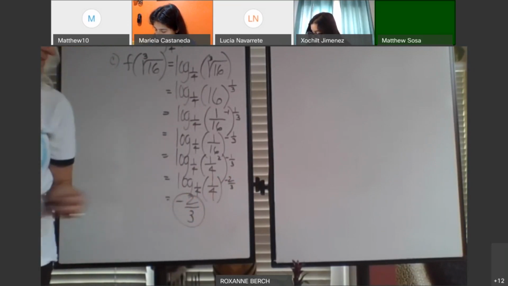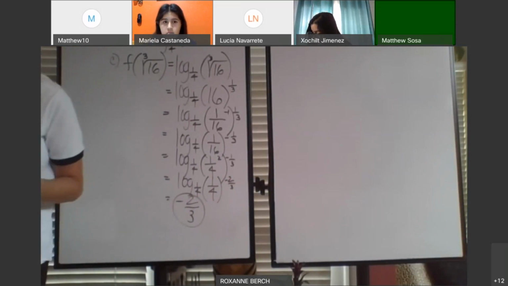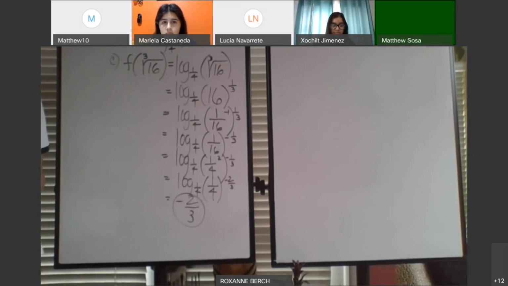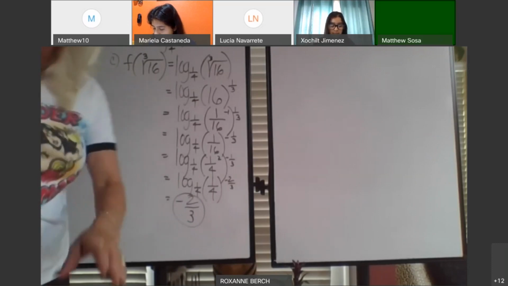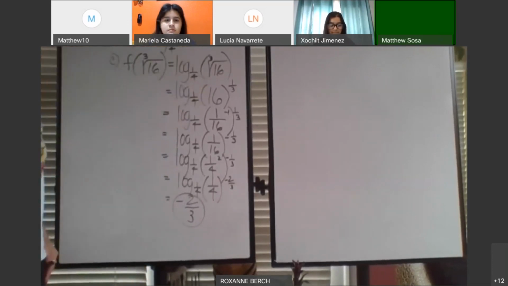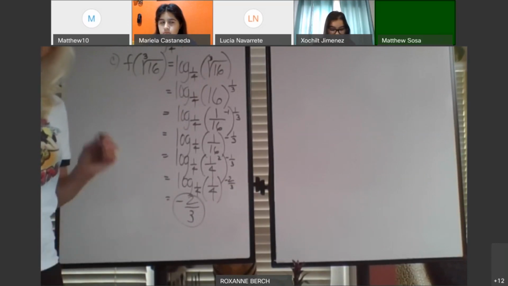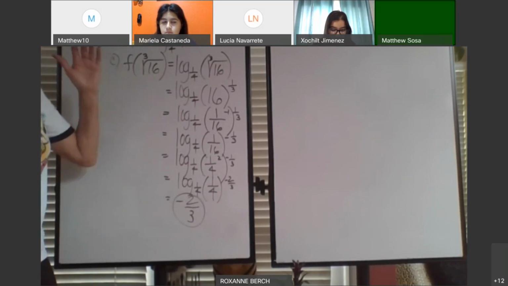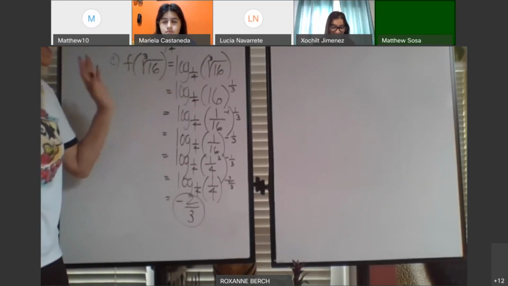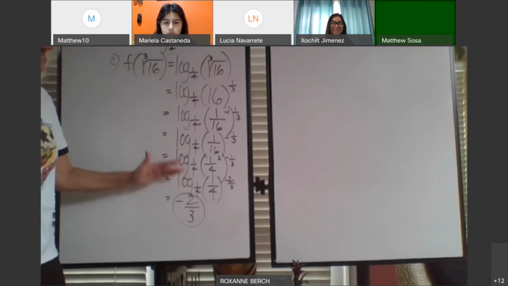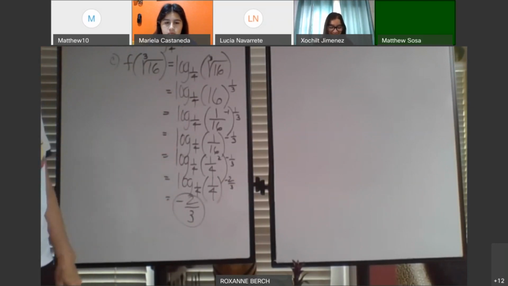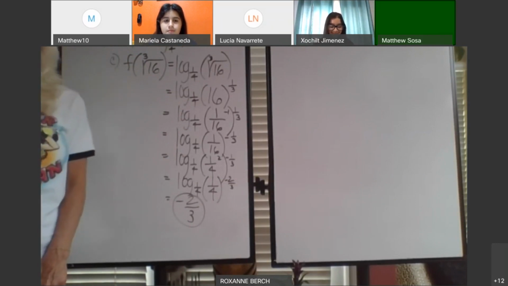Six steps. So six steps on this. Don't try to do it in two steps. You're not going to be able to do it without making a mistake. So use properties, let the problem work its way down without messing it up. Okay, I hope that helped.